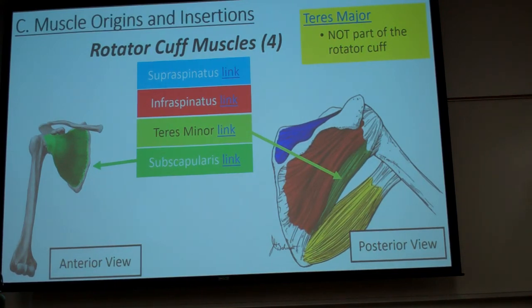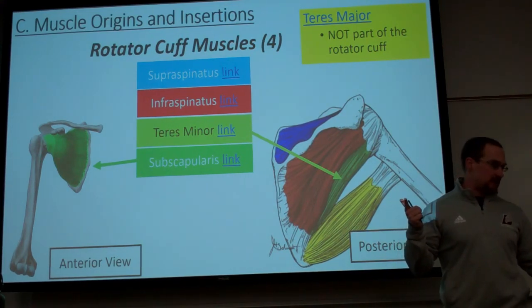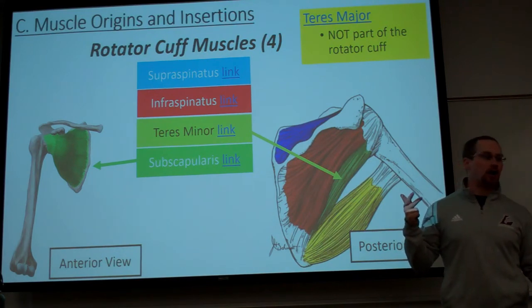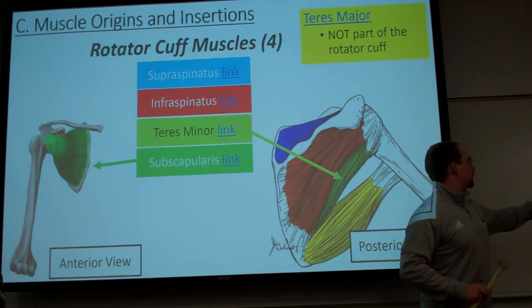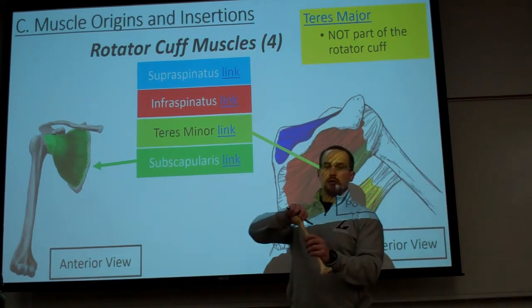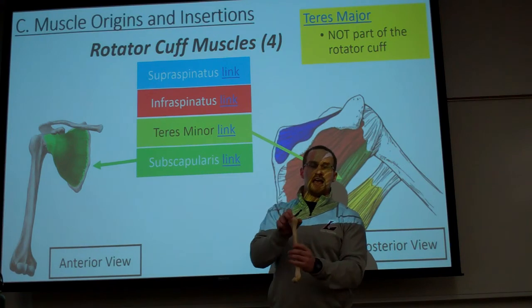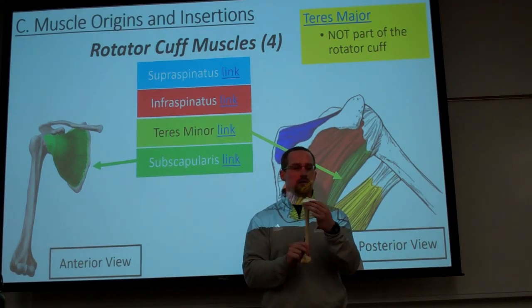What are the similarities? The insertions for the supraspinatus, infraspinatus, and teres minor are all on the greater tubercle. So the teres minor, infraspinatus, supraspinatus, they all insert at that greater tubercle, the big tubercle here on your humerus.